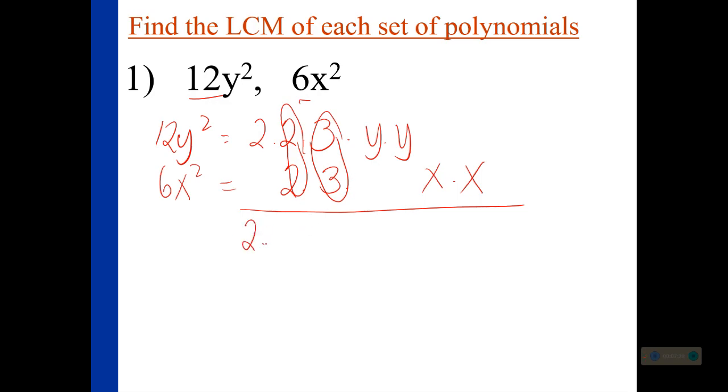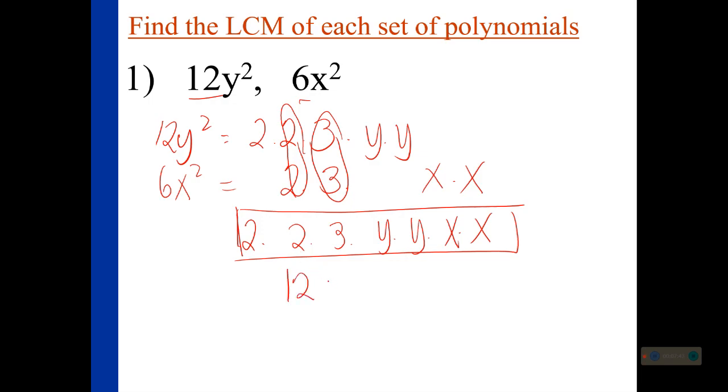So you will have here 2 times 2 times 3 times y times y times x times x. And the product of this will be your LCM. Okay? So you will have here 12. Let us use the variable that comes first in our alphabet. So we will have here 12x squared y squared. Okay? Or I also have here the answer.